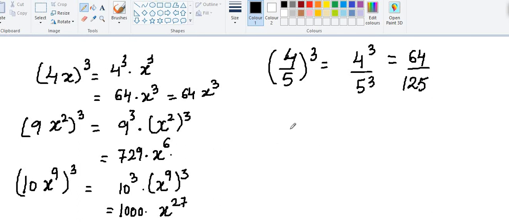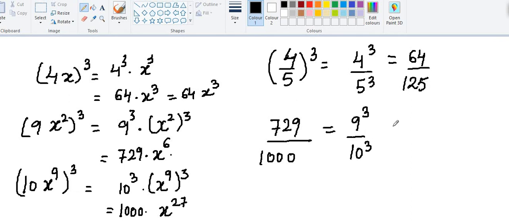Similarly, if it is asked what is 729 by 1000? Now 729 is 9 cube, and 1000 is 10 cube. So this will be written as 9 by 10 whole cube. Or we can also write it as 0.9 whole cube.